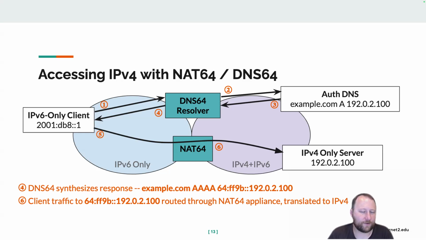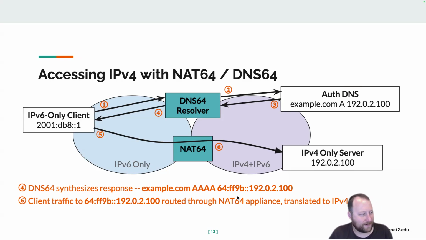That quad A record is going to be in a known prefix, and in the example here, I ended up using a well-known prefix for 6 to 4 translation. Basically what it does is it embeds the IPv4 address inside an IPv6 address, which you can do because there are more bits, and then it sends that back to the client.